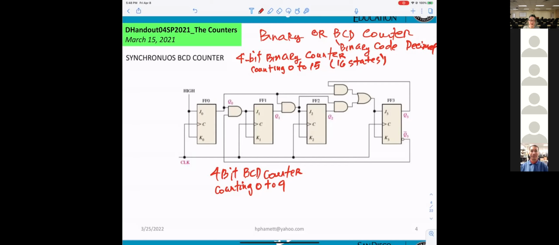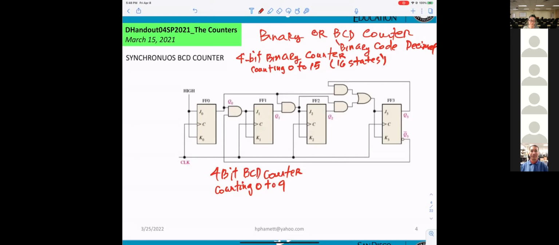And for this counter here, if you want to see how they count, you can run a PSPICE simulation. It will tell you what the output is supposed to be.